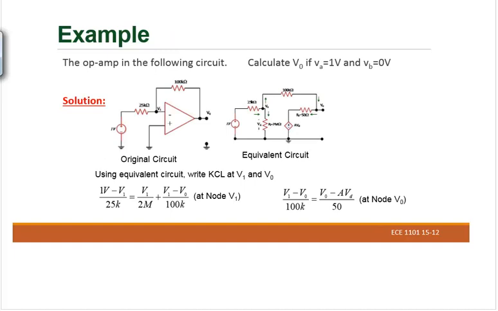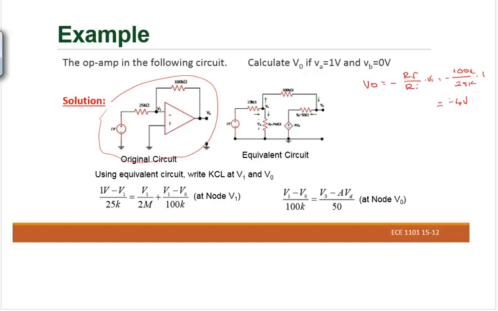What's going to happen if you use a typical equivalent circuit? I'm going to look at a simple circuit here, the one we did before. Looking at V0 from here, it's negative RF divided by RI times V input, which in this case is 100K divided by 25K times 1, negative 4 volts.